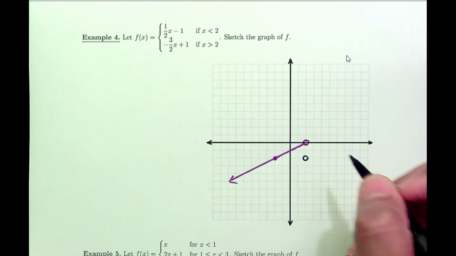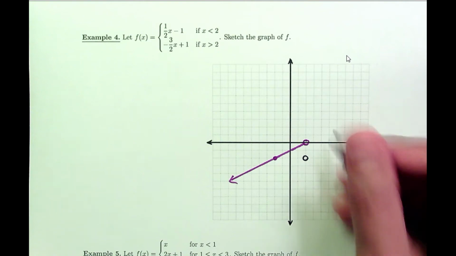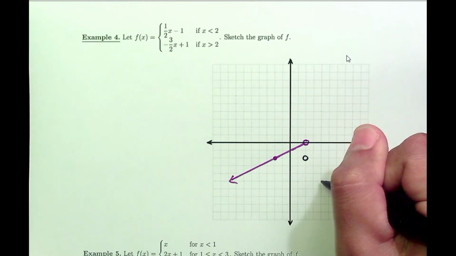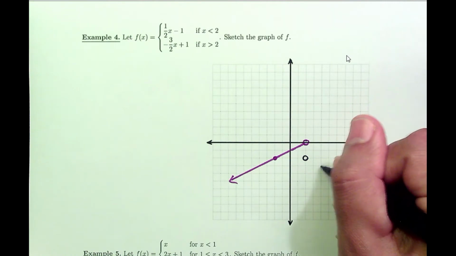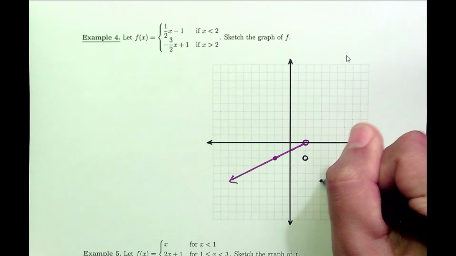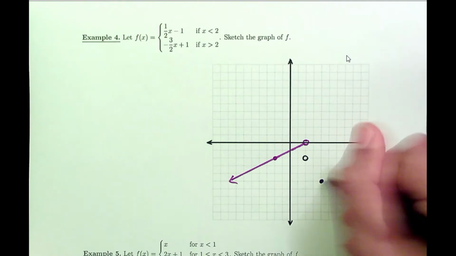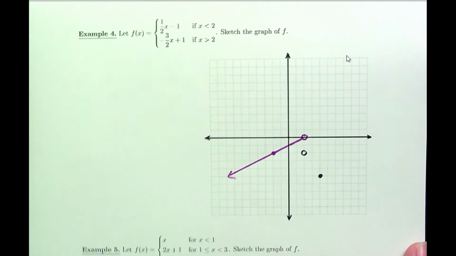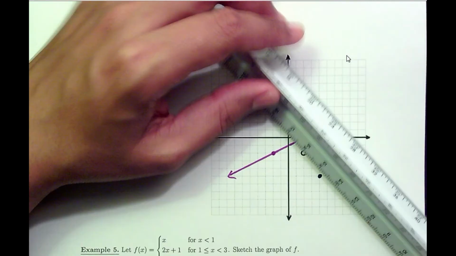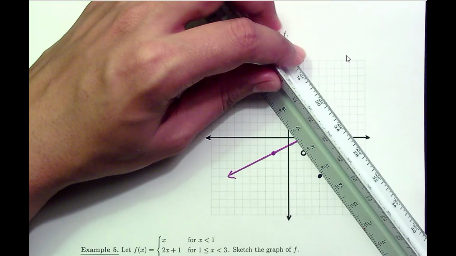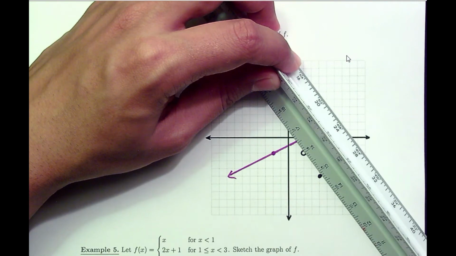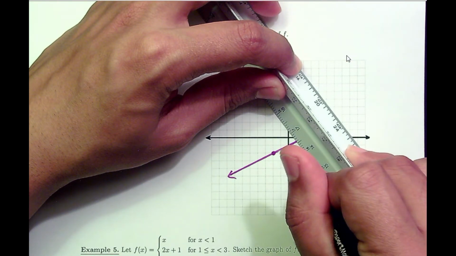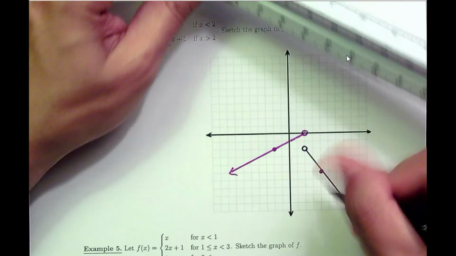You get negative 5. So when x equals 4, 1, 2, 3, 4, you get negative 5. 1, 2, 3, 4, 5. Okay, when you plug in 4, you get negative 5. Connect those two dots, and that's the graph of the lower part. There you go.